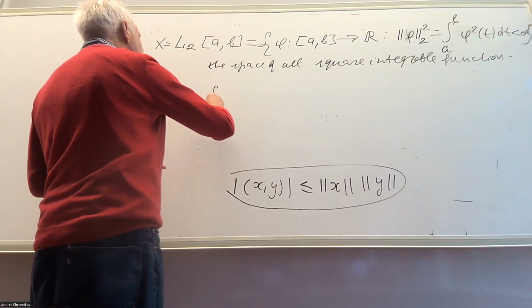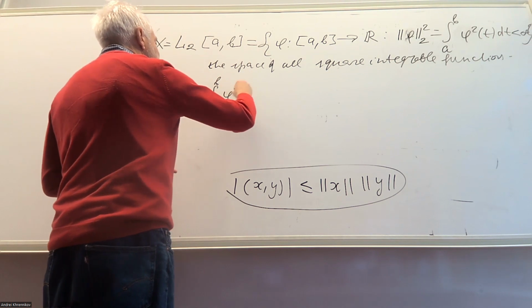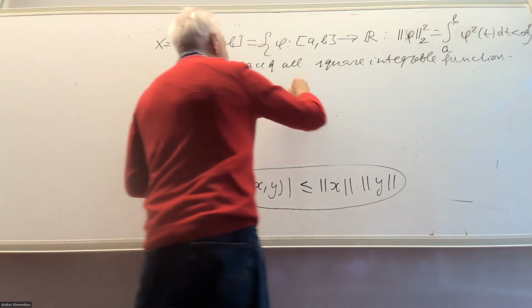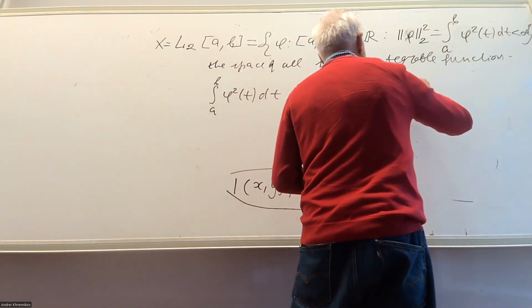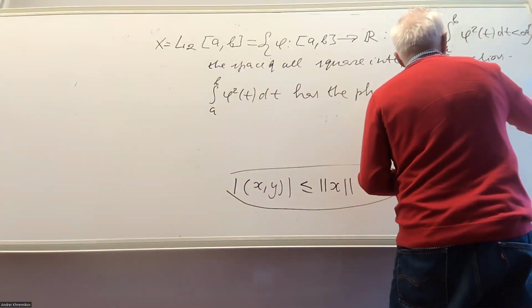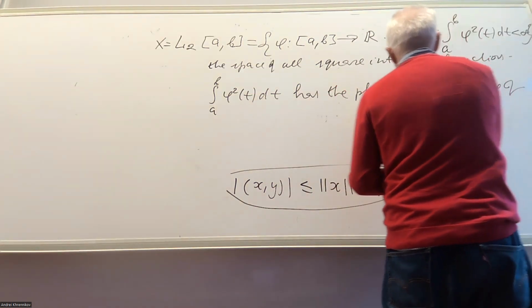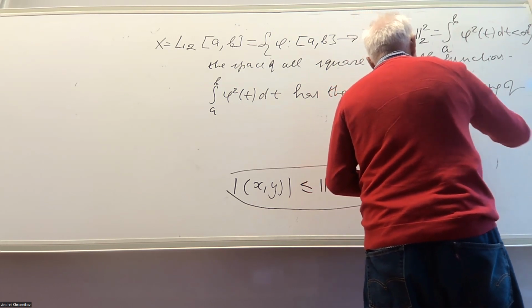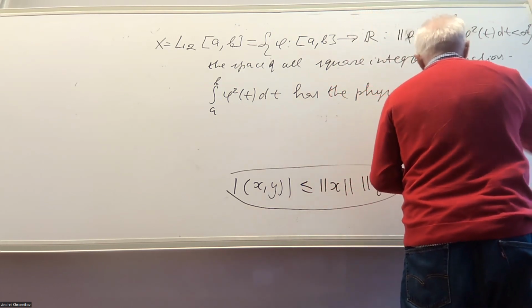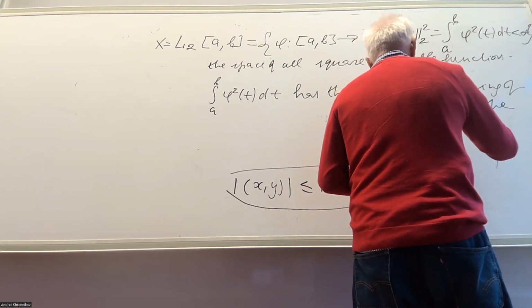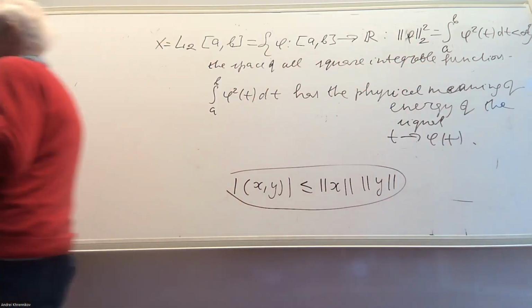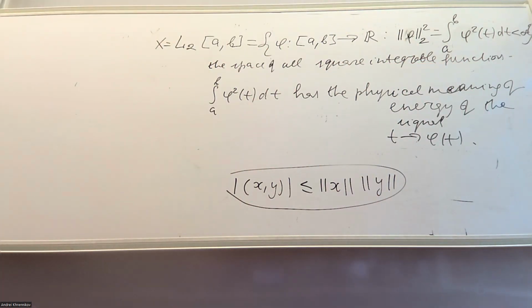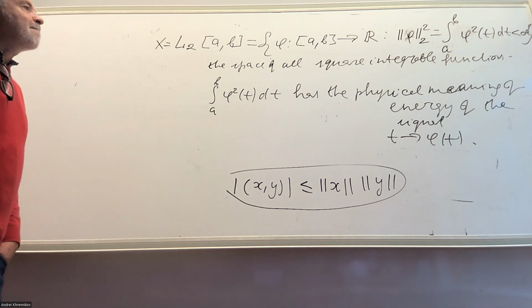So this integral over AB of phi squared t dt has the physical meaning of energy of the signal t to phi t. Of course, signals are typically complex, so we should later consider complex valued functions.